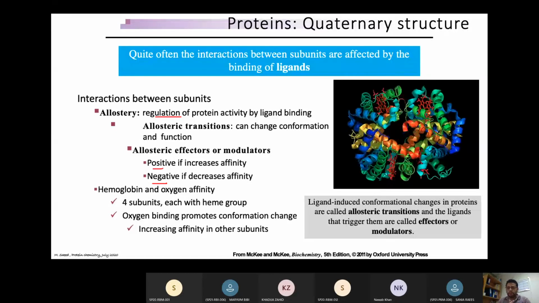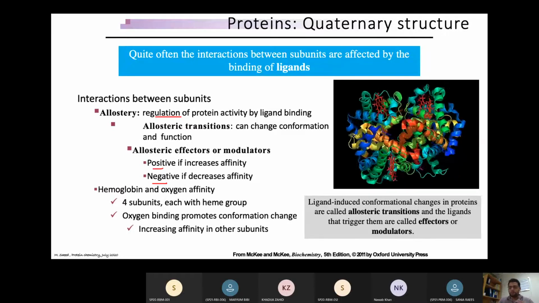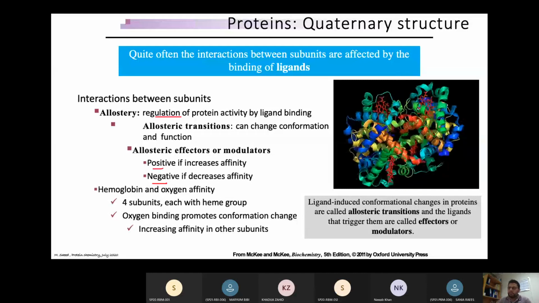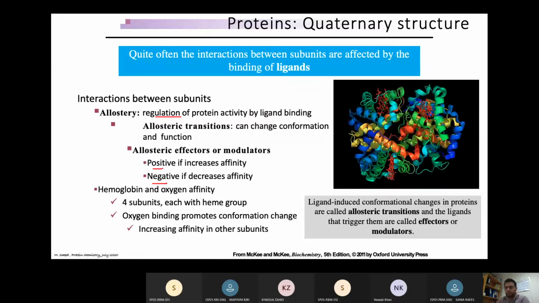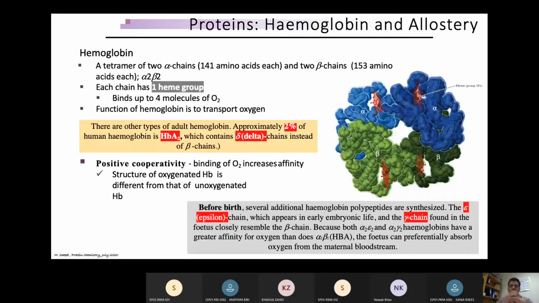This is called the modulator effect. This is called the effector. So the ligand could be named as effector molecule because they are triggering this change of structure, and because this structure is favoring further binding, it is called positive modulators, and because this structure is hindering the further binding, this is called the negative allosteric changes. So this is the hemoglobin.